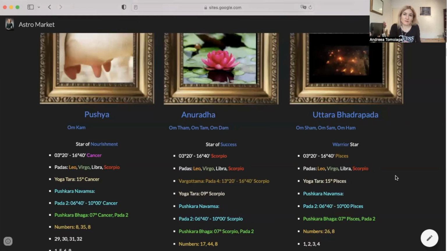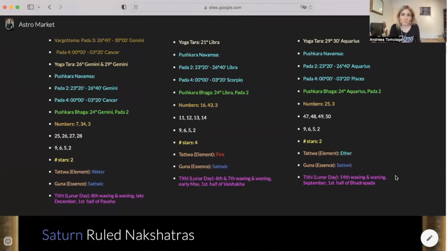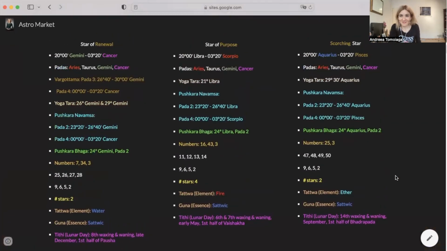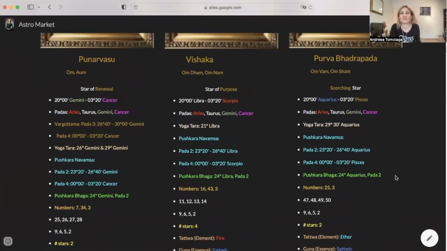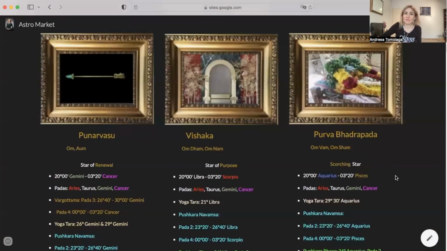So until it goes to 0 of Pisces, it will have to traverse also the last 3 and 20 degrees, so to speak, of the Purva Bhadrapada Nakshatra, which is the scorching star. So it's really fire. Everything on fire. So some matters could escalate at that time. We talk about Cancer.